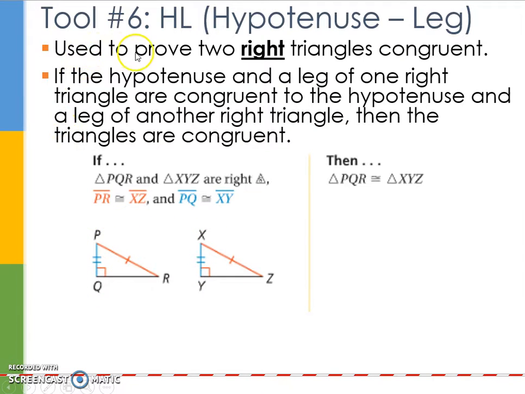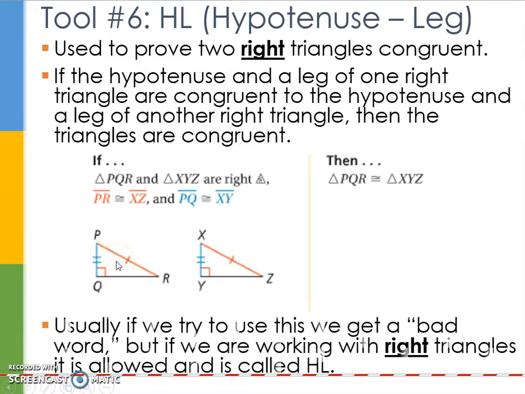So if we use this to prove two right triangles are congruent, if the hypotenuse and a leg of one right triangle are congruent to the hypotenuse and a leg of another triangle, then we can say these two triangles are congruent. So right here, you have a side, side, angle.